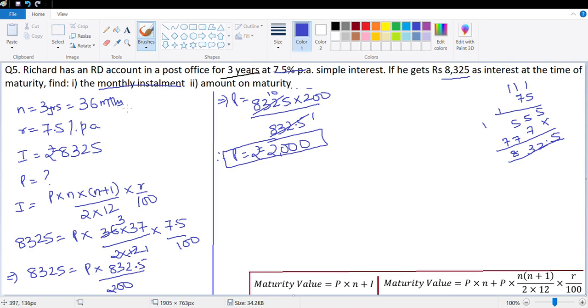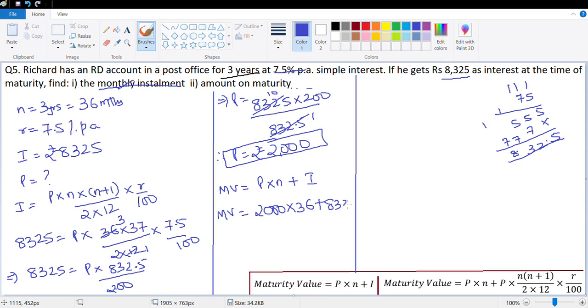That's what they wanted us to find, the monthly installment. Let's look at the second part of the question. The second part of the question is find the amount on maturity. So maturity value is equal to P into N plus I. In this case, P is 2000, N is 36, plus I is already given as 8325.